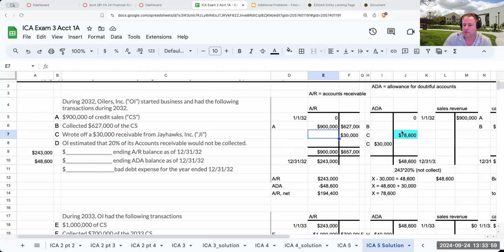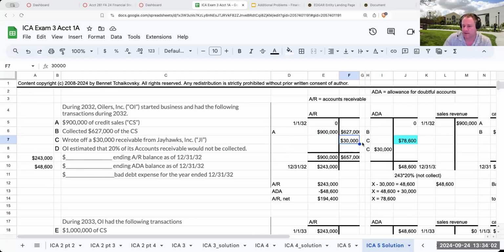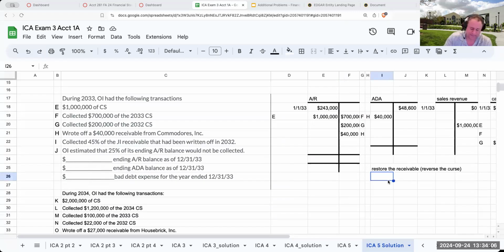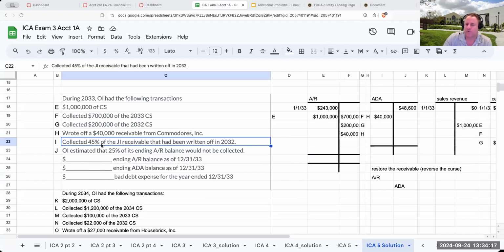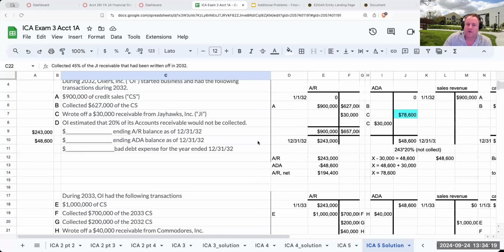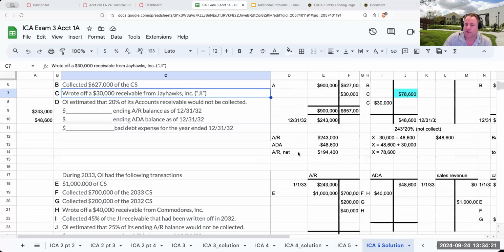So I'm going to restore the receivable because before I debited allowance for doubtful accounts and I credited AR. So here I'm going to debit accounts receivable. I'm going to credit the allowance for doubtful accounts. Now the dollar amount I'm going to do this for is 45% of what I wrote off, which was collected.